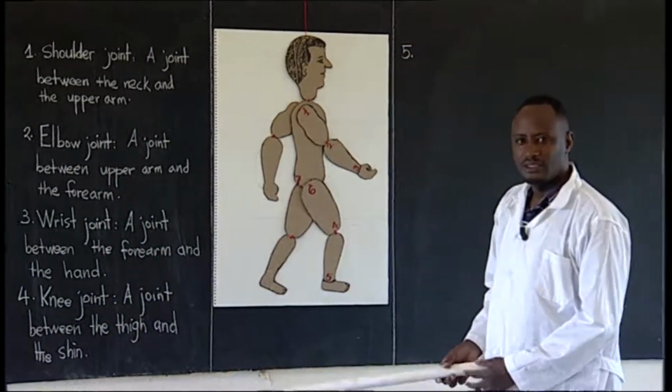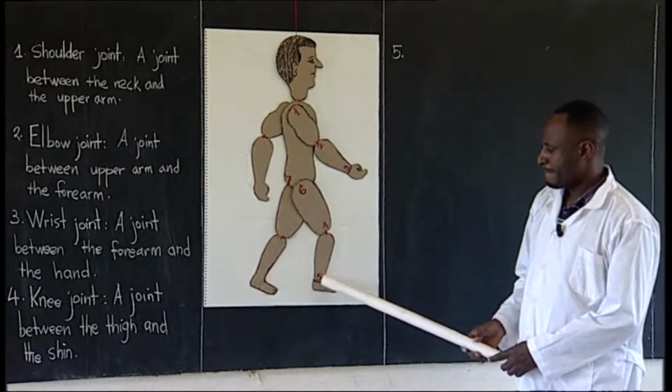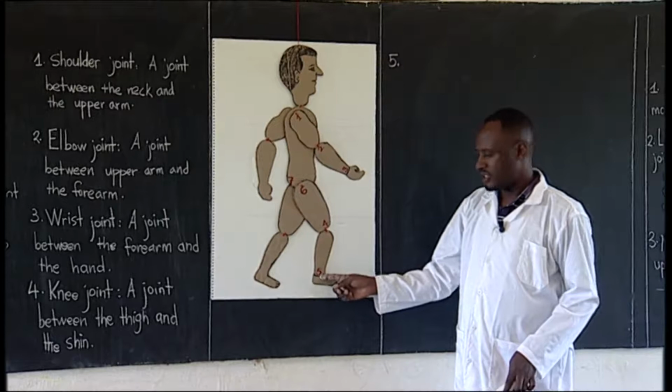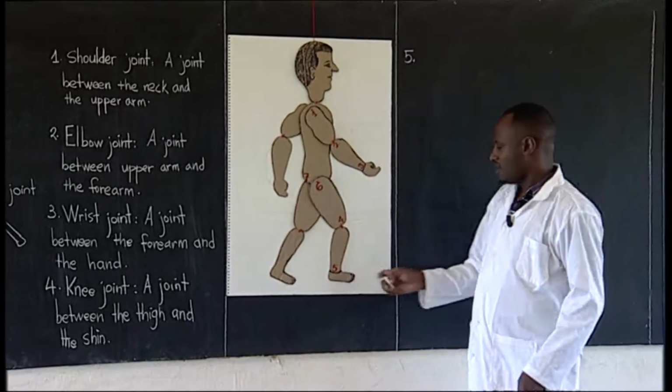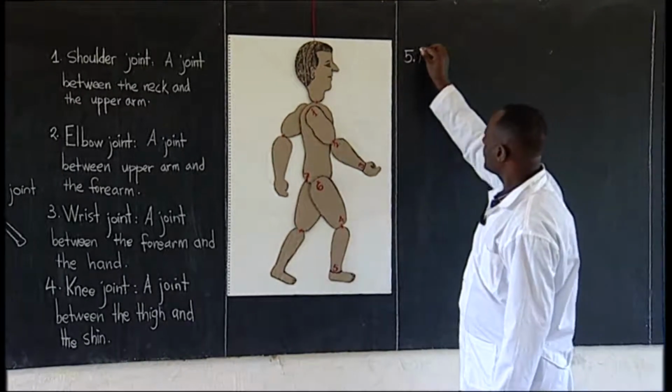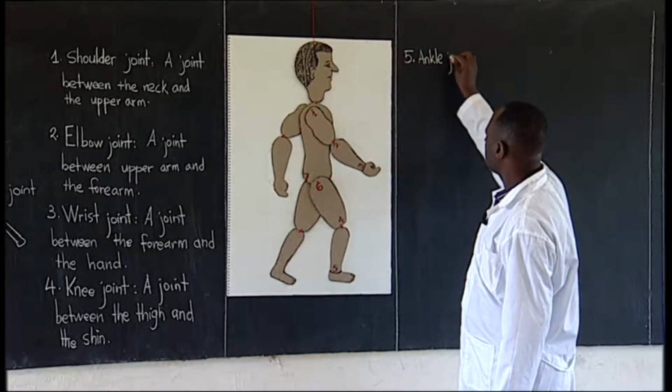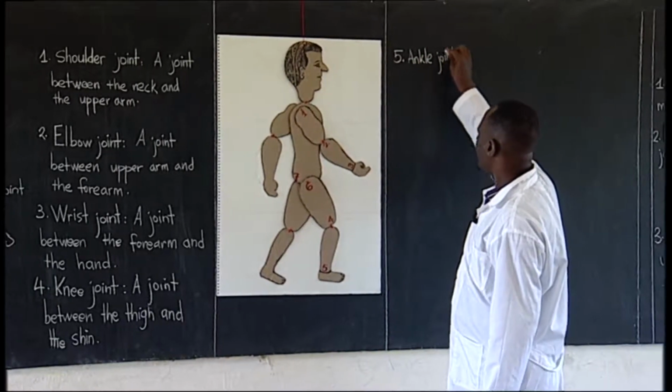Our joint number 5 is around the ankle region. This region here is known as the ankle. So we call it the ankle joint, or the joint at the ankle.